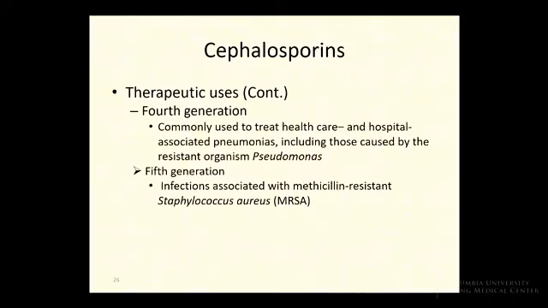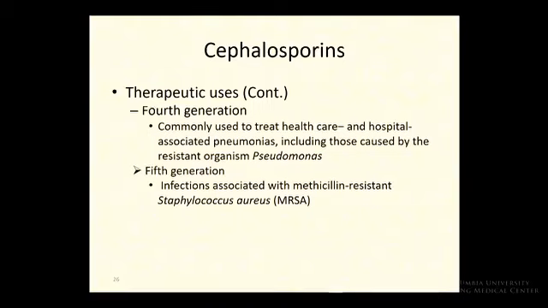Okay. Now, for the fourth generation cephalosporins, they're commonly used to treat healthcare and hospital-associated pneumonias. So these are infections that people don't have before they enter the hospital, and then they acquire in the hospital.